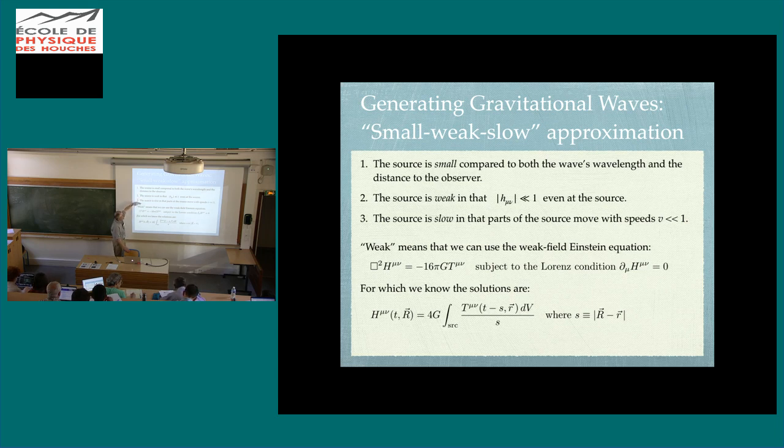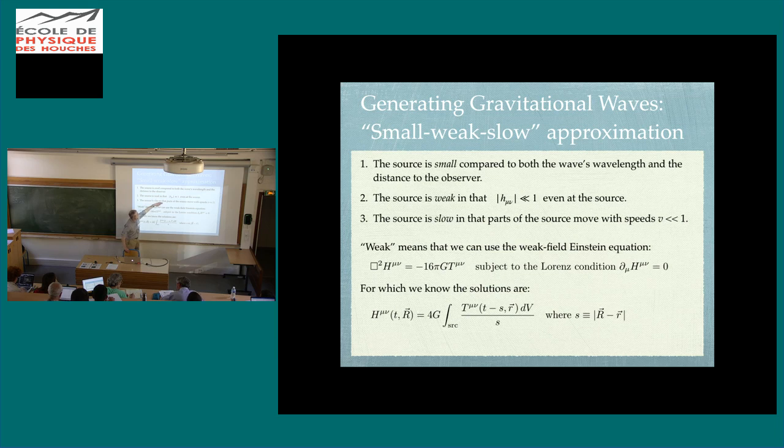The source is weak in that we're going to assume that the perturbation is relatively small even at the source. Okay, that's a little tougher. That's certainly not going to apply to coalescing black holes, but it will apply to still a reasonable number of sources before coalescence, let's put it that way.